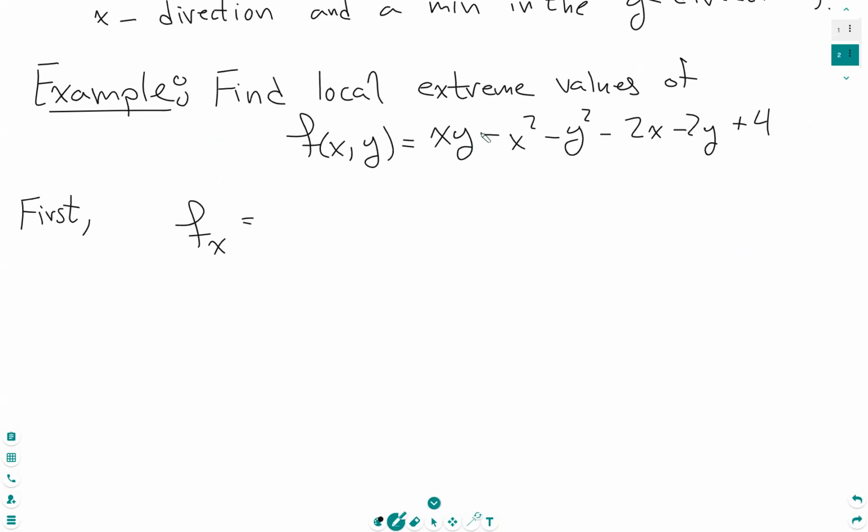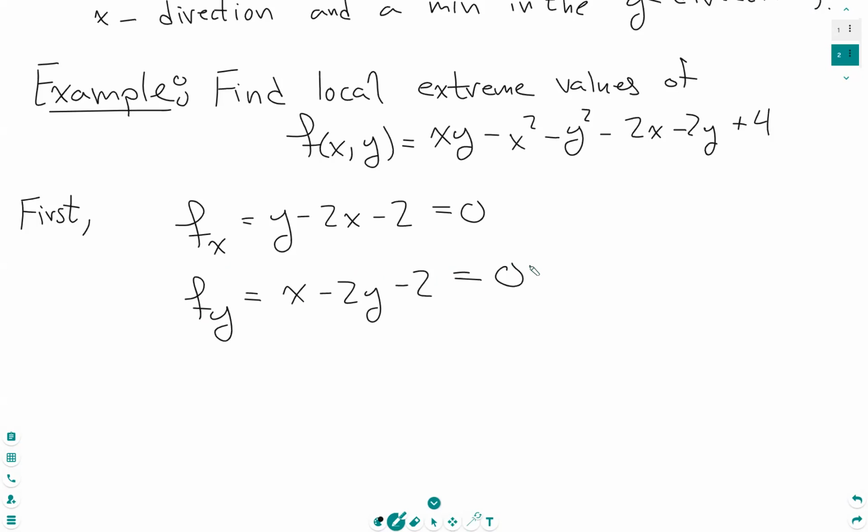Our x derivative here will give us y minus 2x minus 2, and we need to find when this is equal to 0. We also have to take the y derivative, and this will give us x minus 2y minus 2. And we also need this to be equal to 0.